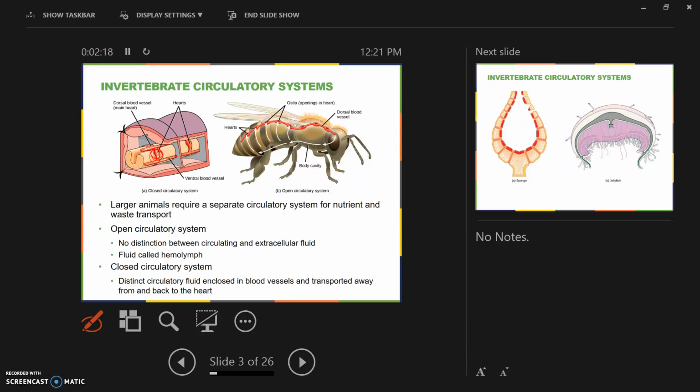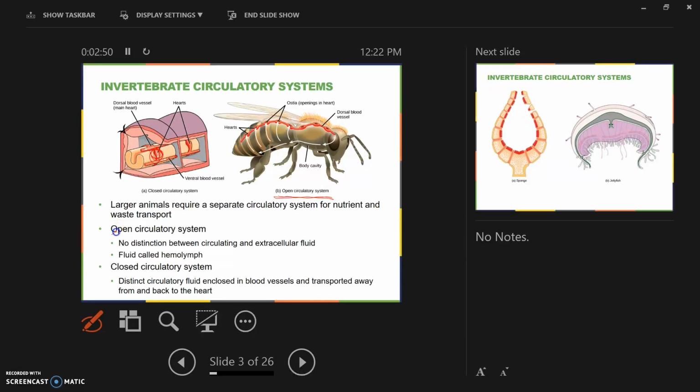So blood stays within a system of blood vessels, versus insects, which have open circulatory systems. They have several structures called hearts that pump blood through that open system, but the blood ends up in an open space instead of being continuously transported through a closed system.